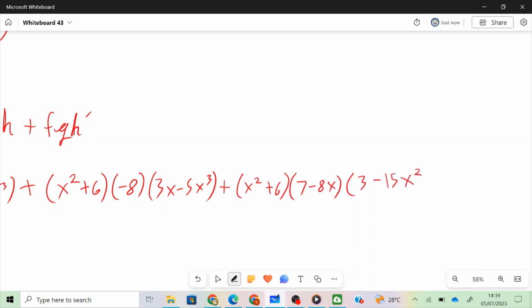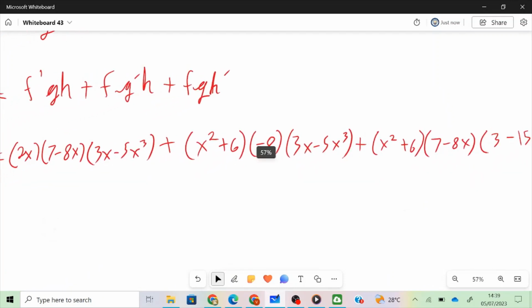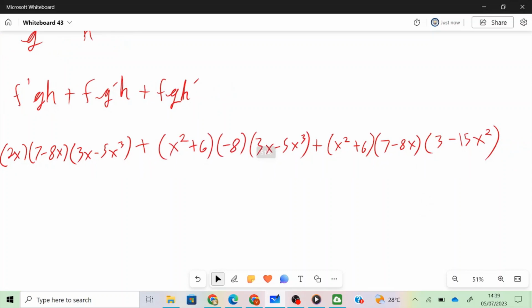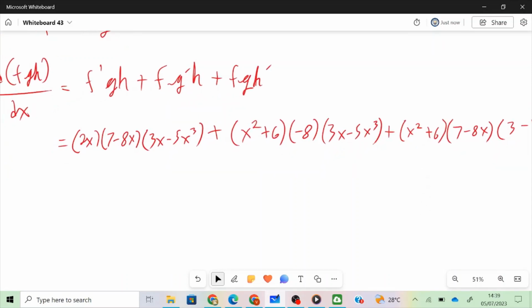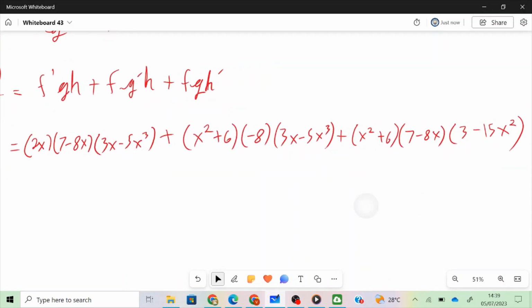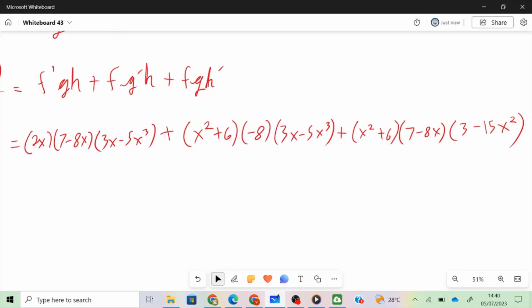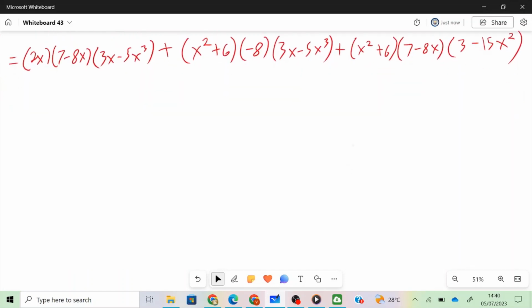And this is how you are asked to most times leave your final answer, in an unsimplified form, because if you were to expand on this, it would take an age to get to your final answer. However, you can go ahead and try this by yourself, expanding all this.